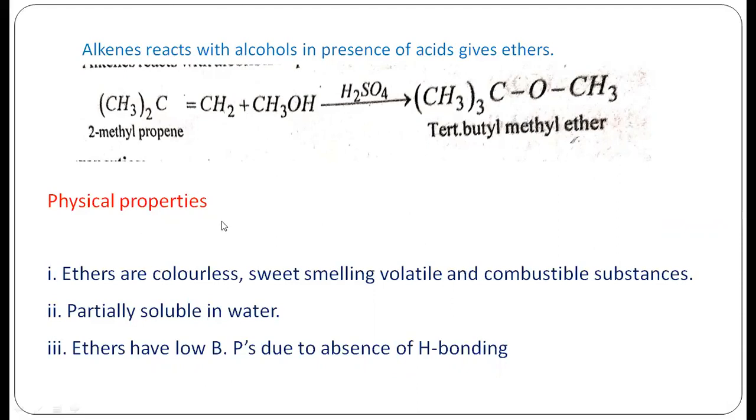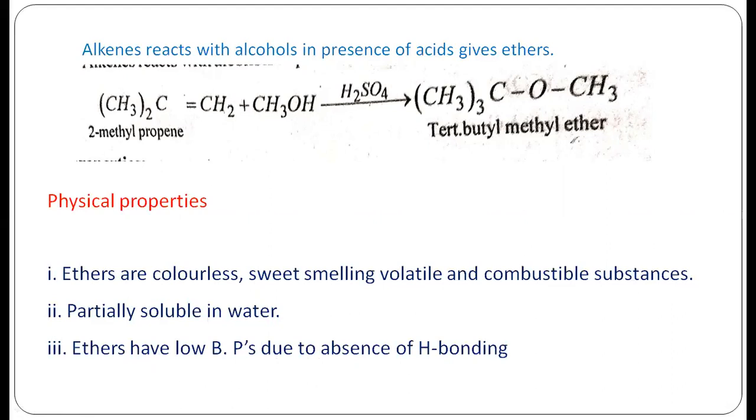The physical properties of ethers: they are colorless, sweet smelling, volatile, and combustible substances. They are highly non-polar compounds, hence they are only partially soluble in water. Ethers have low boiling points because of the absence of hydrogen bonding.